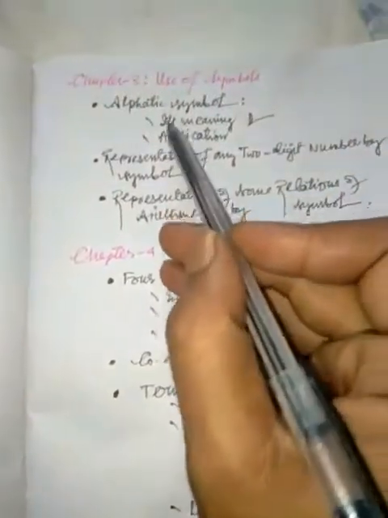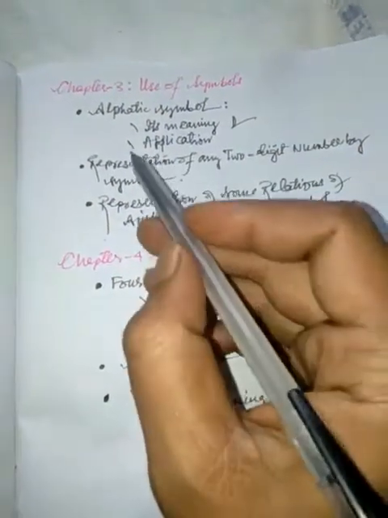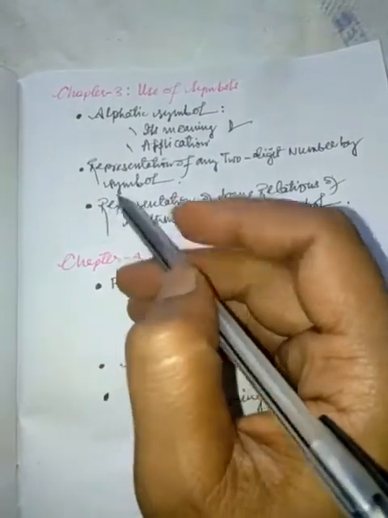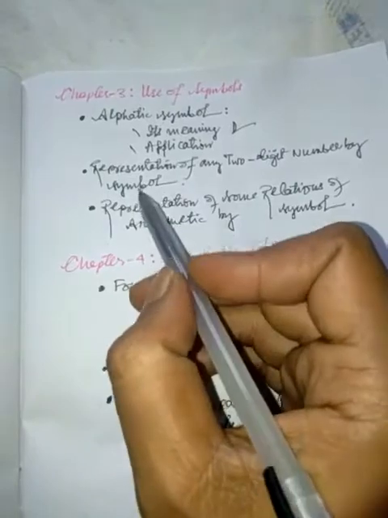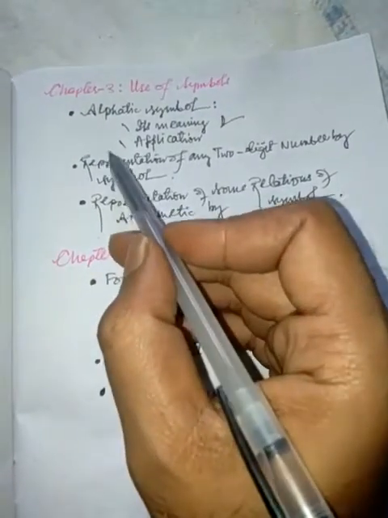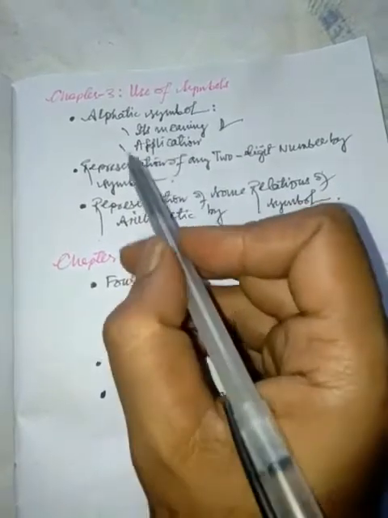Now for the third chapter, use of symbols, there are 3 topics we have to know. The first one is alphabetic symbol.